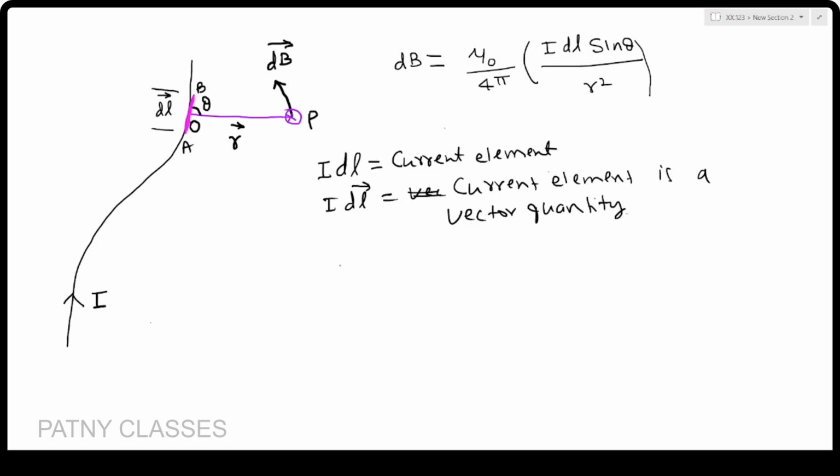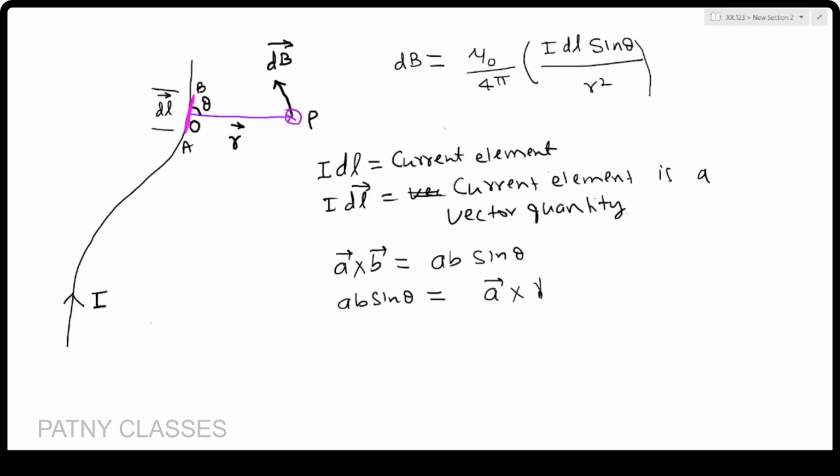One more thing that we know is that vector A cross B is nothing but AB sin theta. Now if you write in reverse, if AB sin theta is given and you wish to write it in vector form, how will you write it?